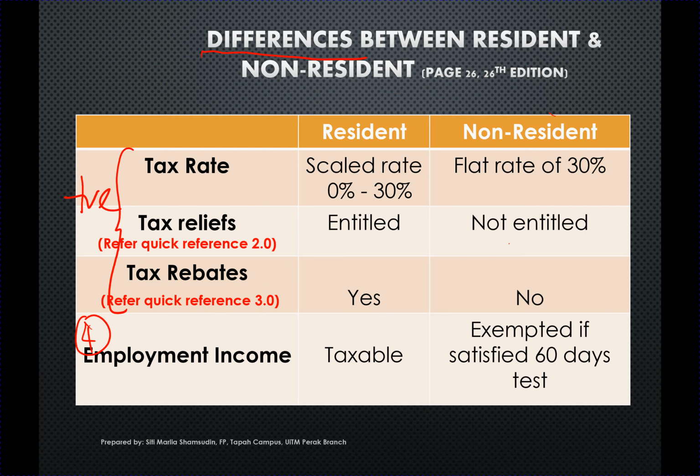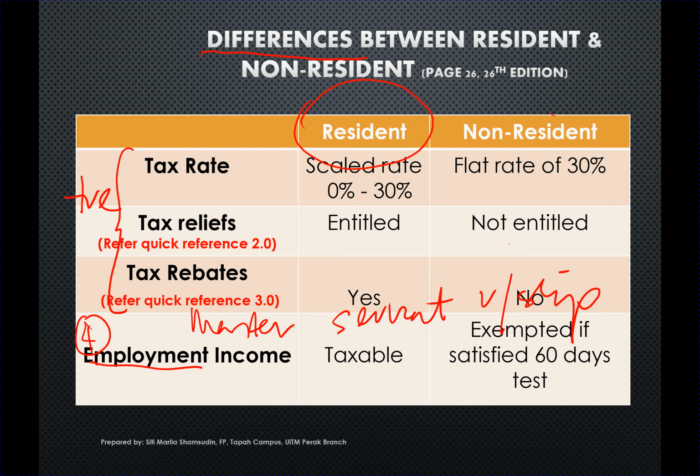Why? Because if you are a resident in Malaysia and whenever you have an employment income, macam mana kita nak kata wujudnya employment income? Employment akan wujud kalau adanya master and servant relationship. Dia ada relationship as master and servant. Ada seorang jadi bos, ada seorang jadi orang yang dengar cakap bos.